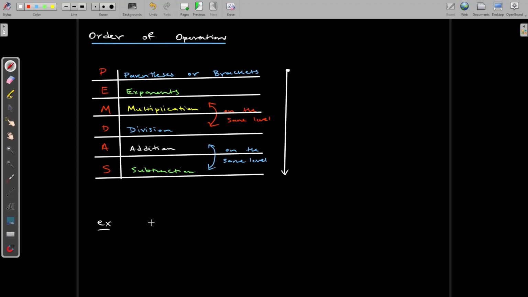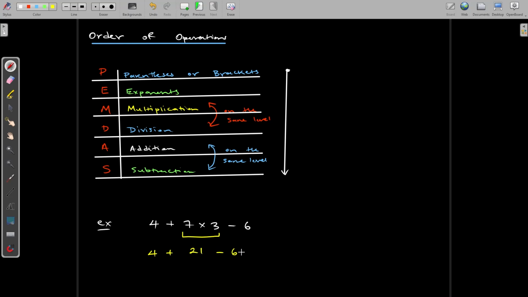Let's say we have 4 plus 7 times 3 minus 6. What do we do first? 7 times 3. So we do this part first. So it's 4 plus 7 times 3, 21, minus 6. So now once we're at this point, we can do whichever one we choose, because we have addition and subtraction, and remember I said that these are on the same level.